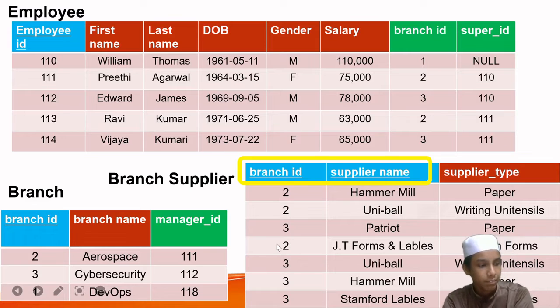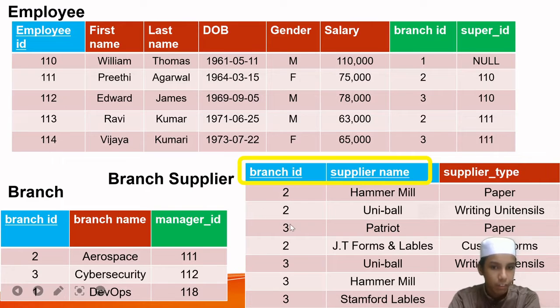He has a company, and we have the same company, but his branch is different and my branch is different. I am supplying my product to that branch. So I am the supplier of the paper product for this branch. The branch supplier table defines who the suppliers are for that branch.